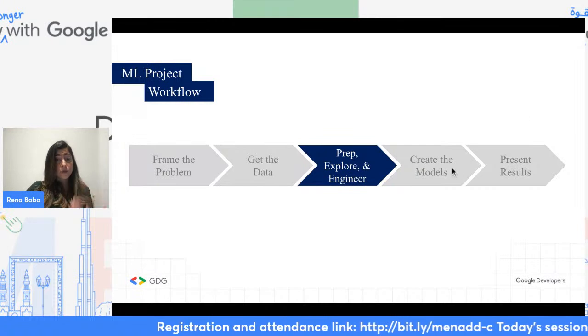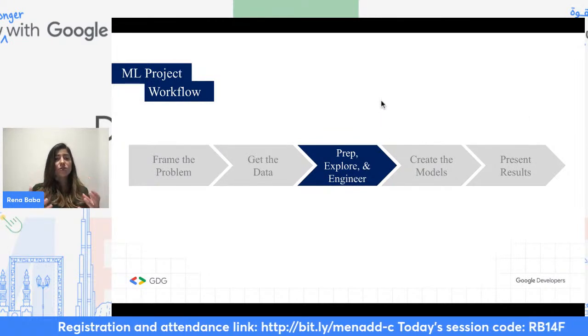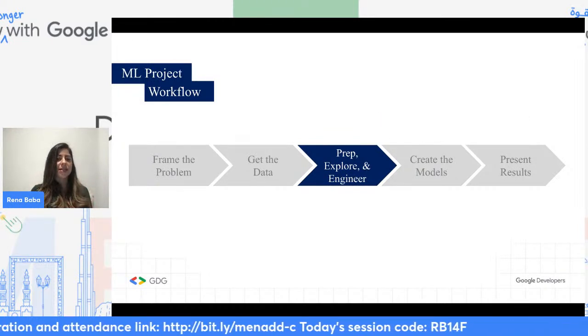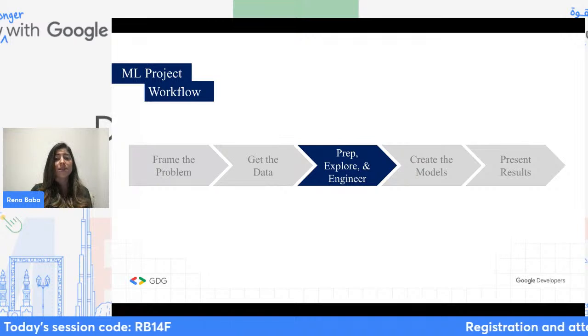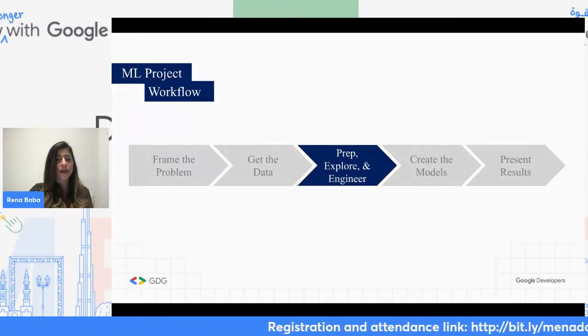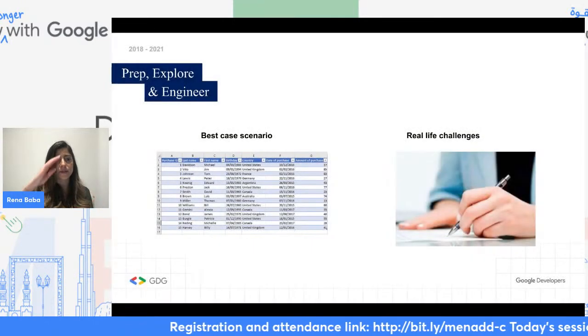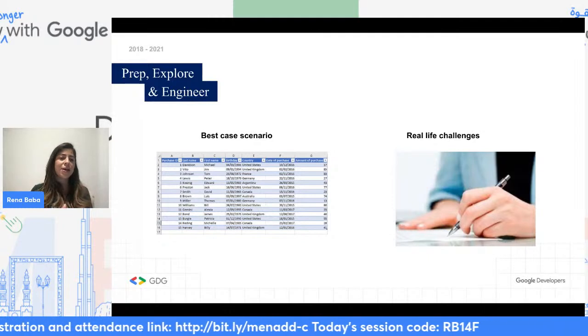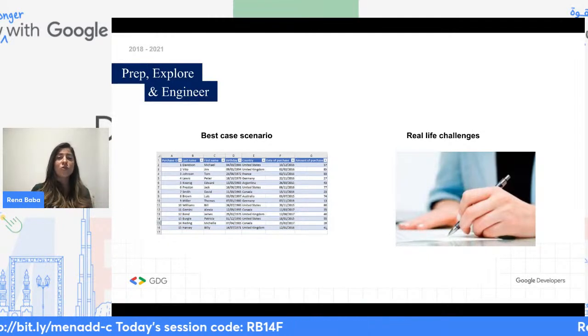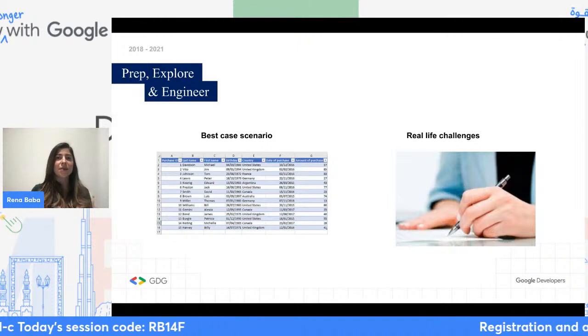Now, this normally is the section that requires the most effort. It might be the most time consuming in a machine learning project, because it's a lot of analysis, and we'll see some of the steps required here. Of course, in a best case scenario, you will have really clean data, you will not have any missing data, and that's why working with artificial data sets can be nice.